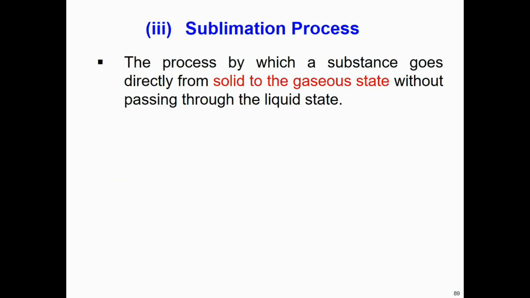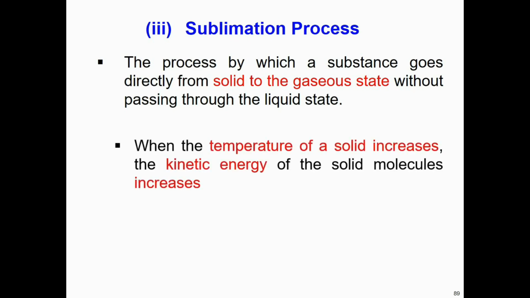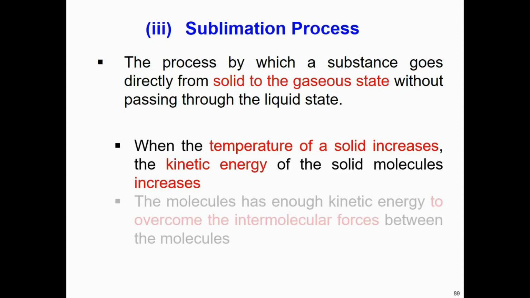Next, let's look at sublimation process. Sublimation is a process when a substance goes directly from solid to gaseous state without passing through the liquid state. What happens here? The temperature of solid increases, therefore the kinetic energy of the solid molecules increases.